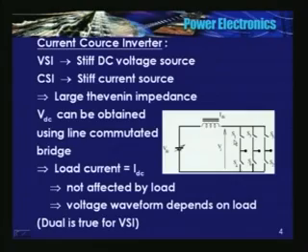The devices which we use in a VSI cannot be used here. We had connected a freewheeling diode across the controllable switch. So the moment you connect a freewheeling diode across a controllable switch, it cannot block a negative voltage.